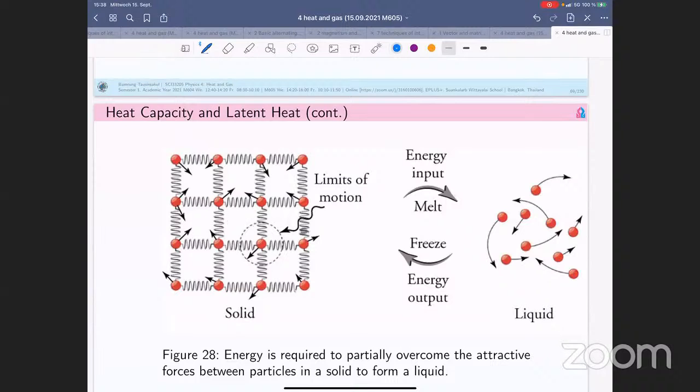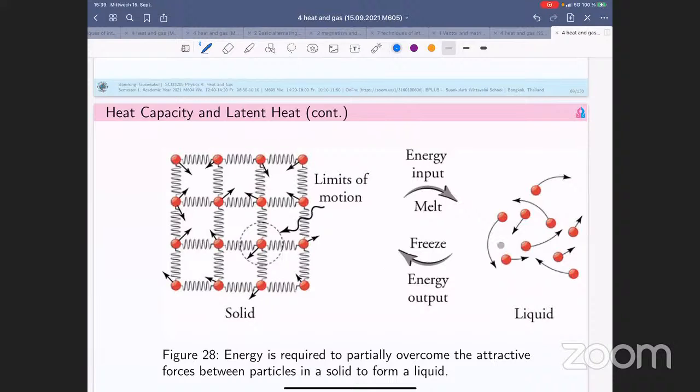Now the attractive forces among the molecules are weak, they can overcome the attractive forces, and the molecules can move quite easily. This energy input process is called the melting process. You melt something, something is molten.